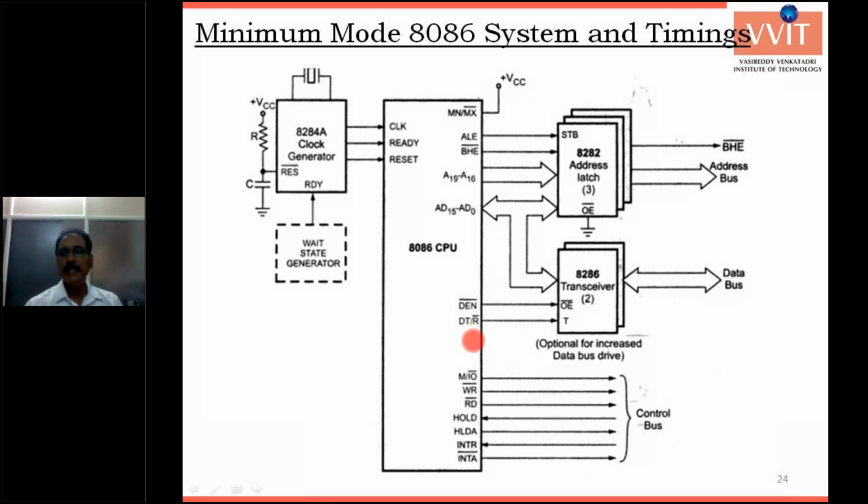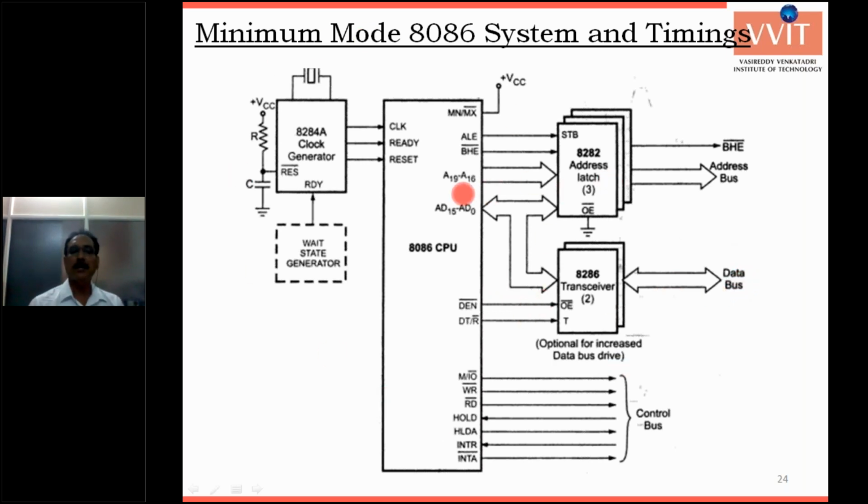If DT/R bar is 1, it transmits the data outward, the 8086 working in the outward direction. If DT/R bar is 0, the 8086 accesses inward. That means it reads the content from the outside world to the input.